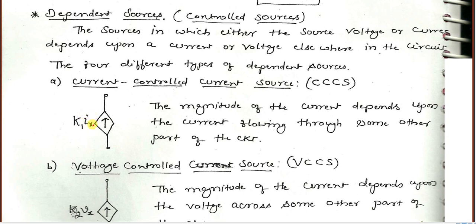You have to find where Ix is given. So its value is controlled by the circuit branch element current Ix. The magnitude of current depends upon the current flowing through some other part of the circuit, where they will mark Ix. In some branch they will mark the current as Ix. Depending on that, the dependent current source also varies.